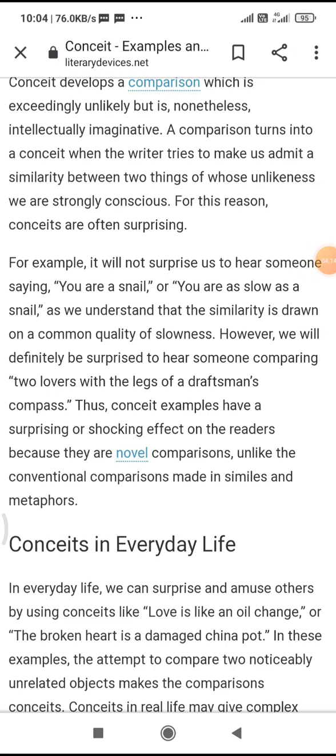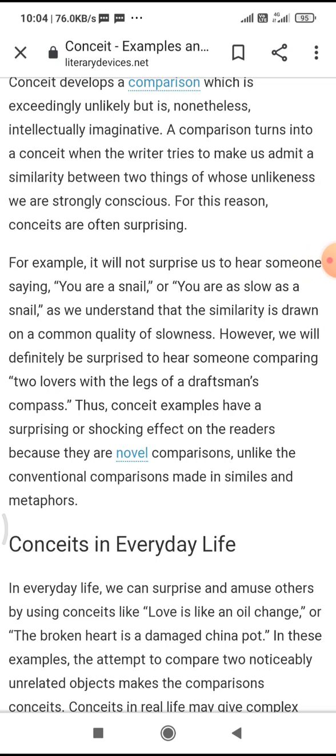For example, it will not surprise us to hear someone saying, "You are a snail," or "You are as slow as a snail." These are simple comparisons. "You are a snail" is a metaphor.